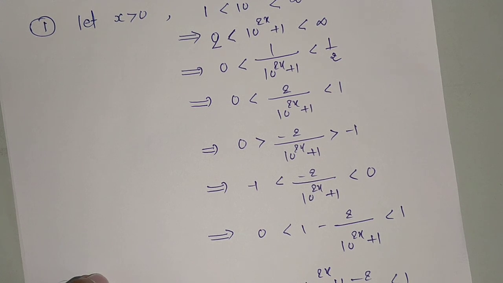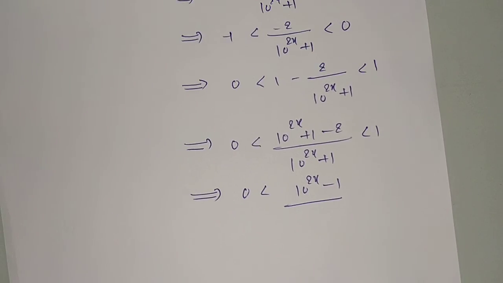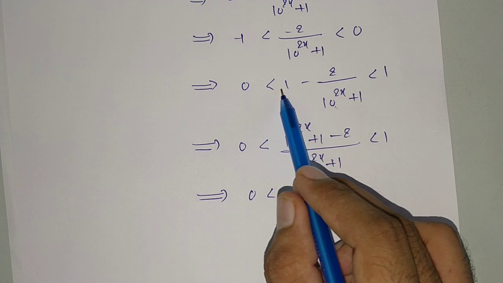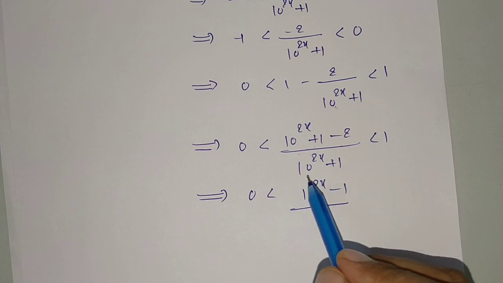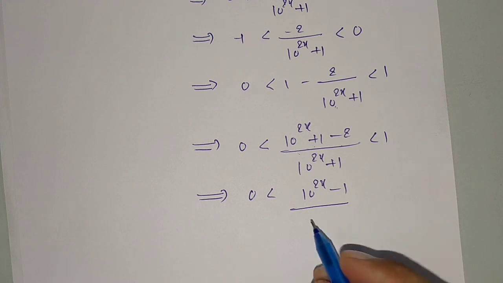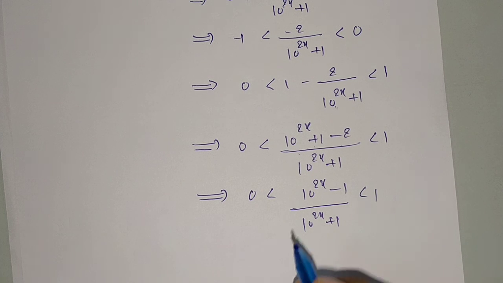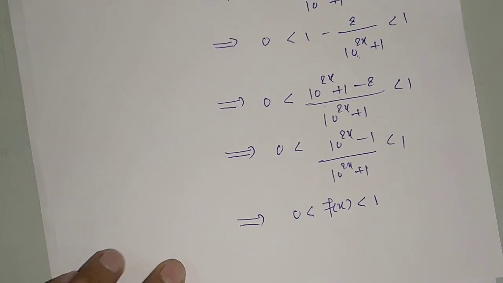If you just simplify this term over here, we'll get 10 raised to 2x minus 1 upon 10 raised to 2x plus 1 less than 1. So this is f of x. So we'll get 0 less than f of x less than 1.